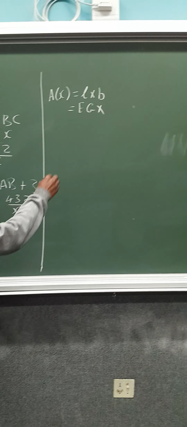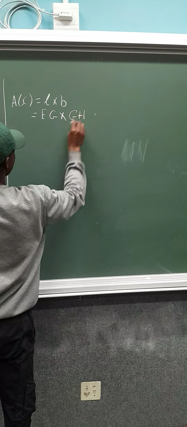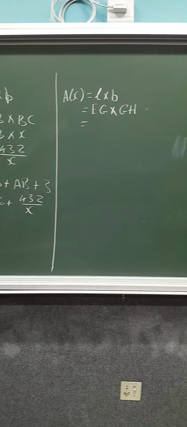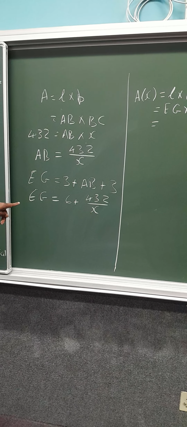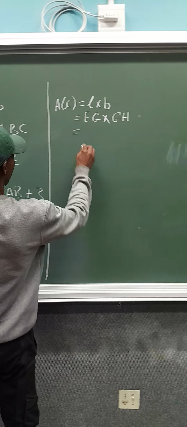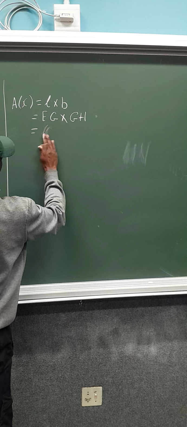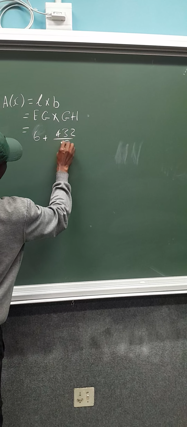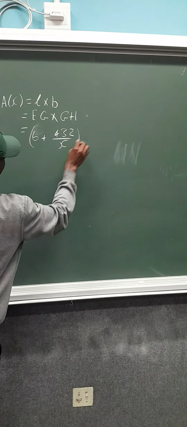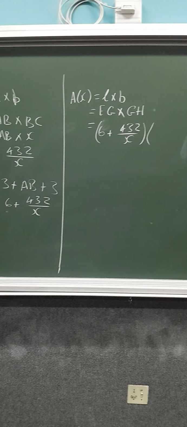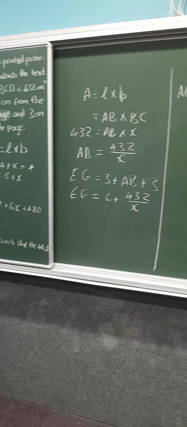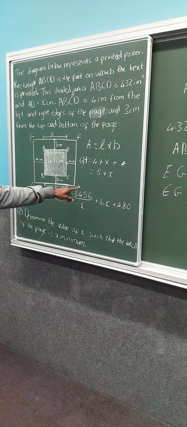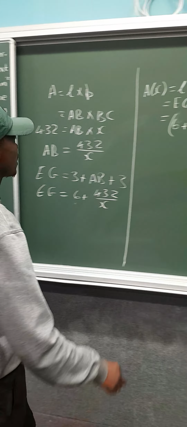EG we found to be 6 plus 432 divided by x, multiplied by GH, and GH we found to be 8 plus x.